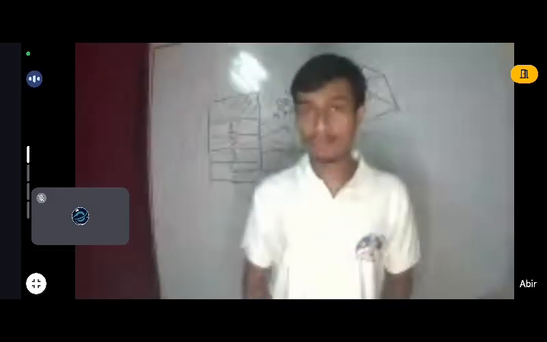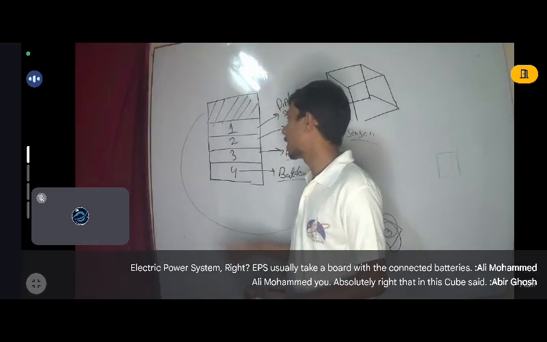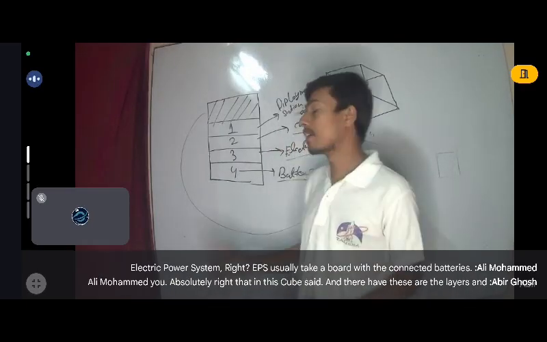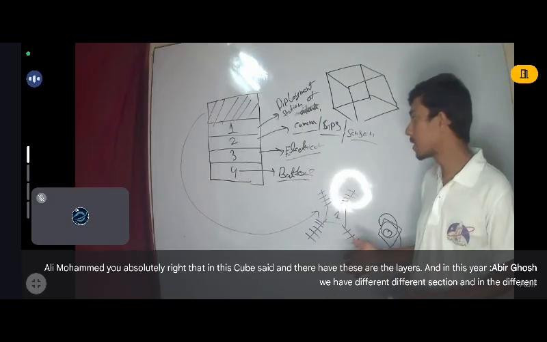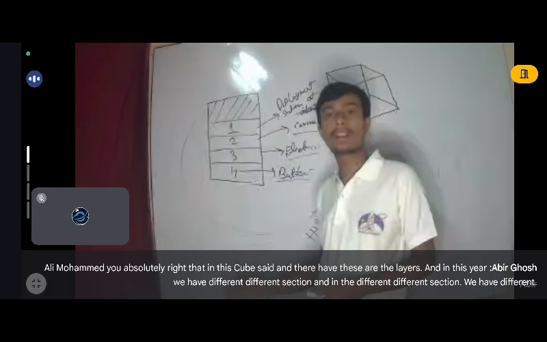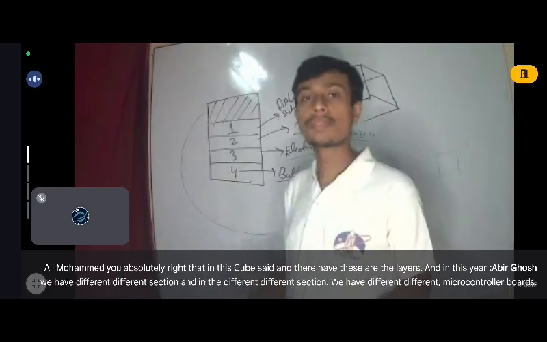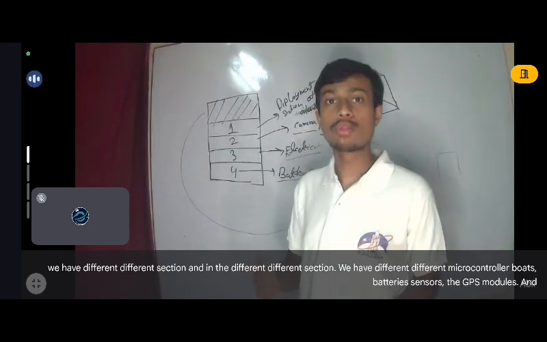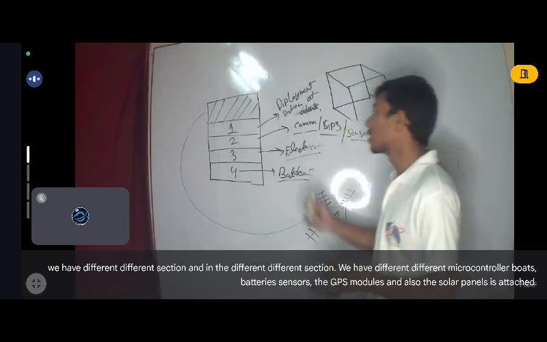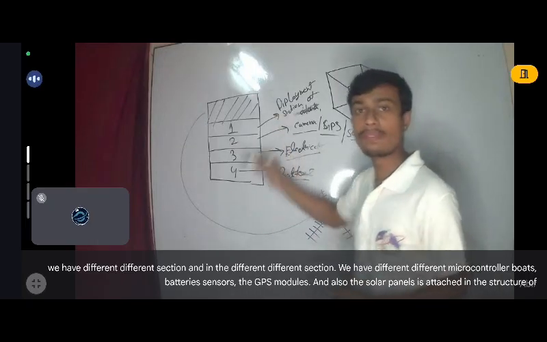In this CubeSat, these are the layers, and in each section we have different microcontroller boards, batteries, sensors, GPS modules, and the solar panels are attached to the structure of the body.